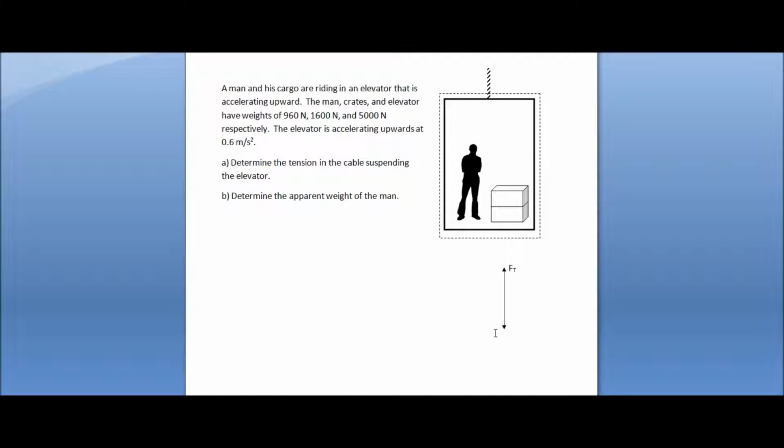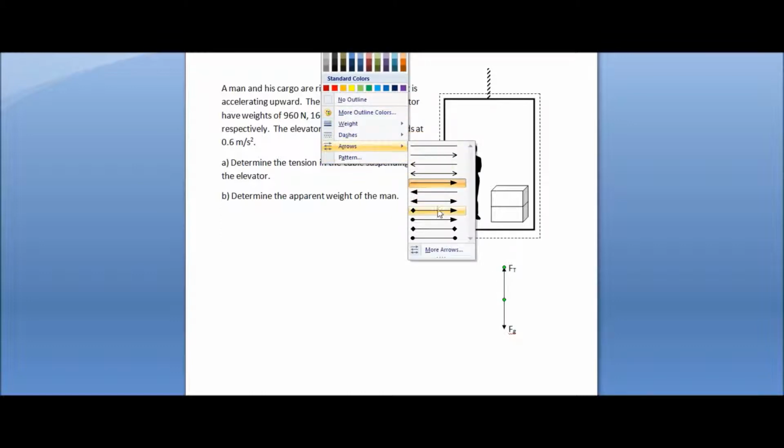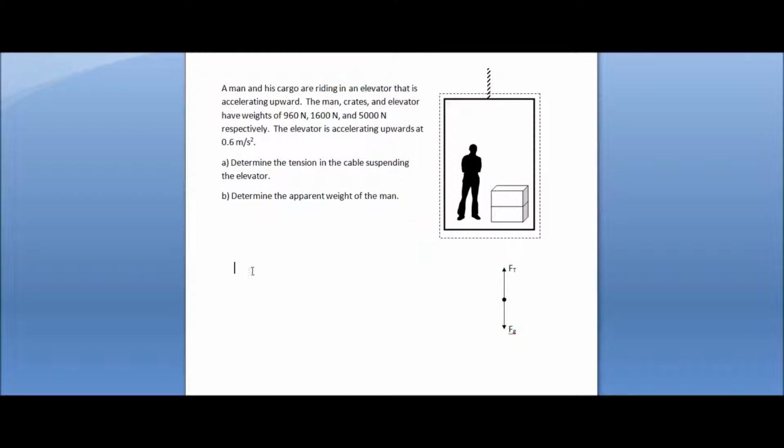And this down here is the planet, so that is FG. Let's fix this arrow really quick so we can actually see the object. So now we've got our object here in the middle. Rope pulling up, gravity pulling down.